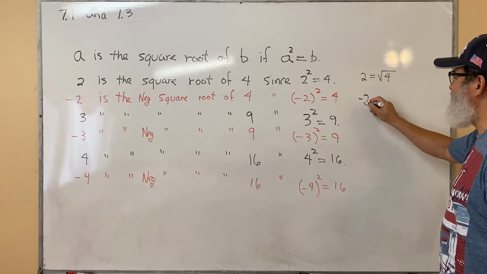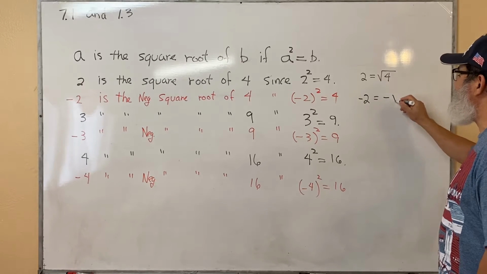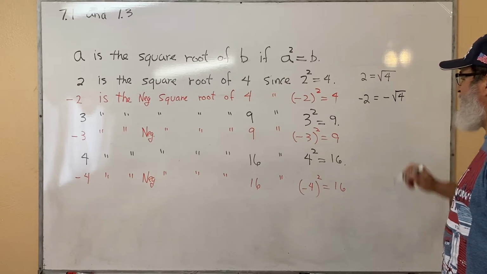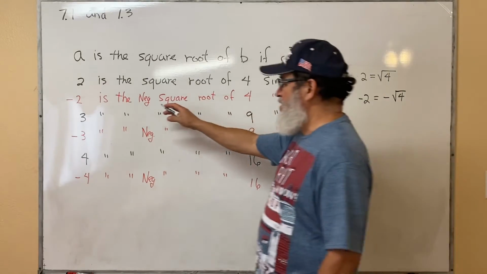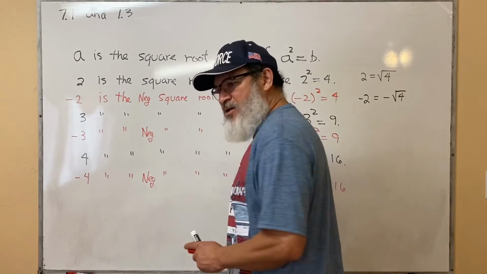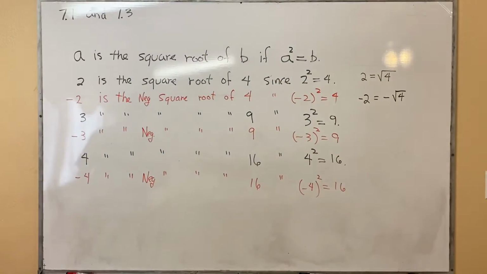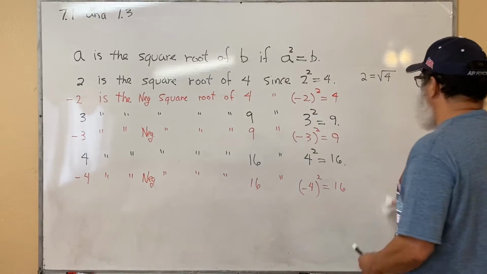Negative 2 is the negative square root of 4. Yes, that's what this one is saying. Right here in red. Maybe I should write it in red. Let me get my eraser. I'll write this one in red. How's that?